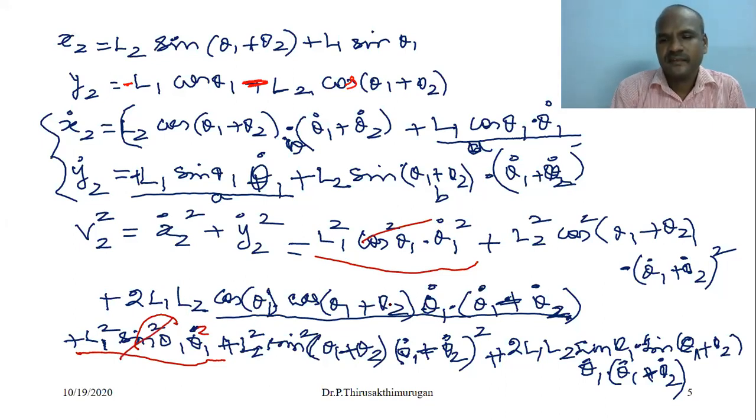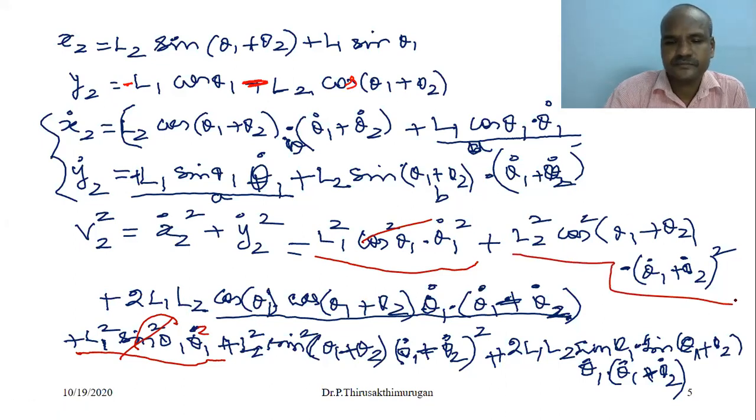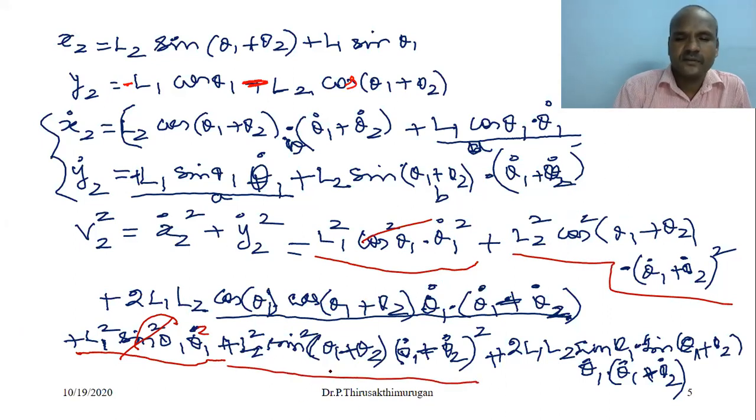Similarly, you go to this term and this term. If you take L2 square and theta 1 dot plus theta 2 dot whole square common, then this becomes 1.